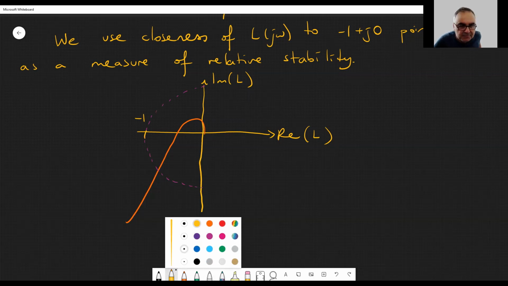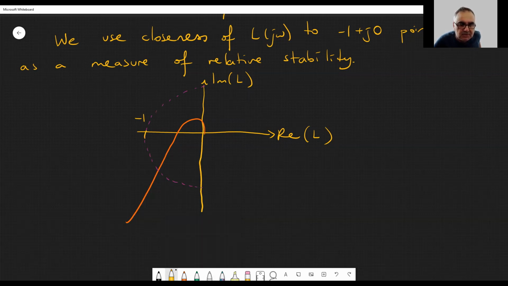We define, for example, the phase angle when your transfer function crosses this -1. The difference between the phase and this angle, and the phase of this -1 point, which has a phase of -180 degrees, and this is the actual phase.